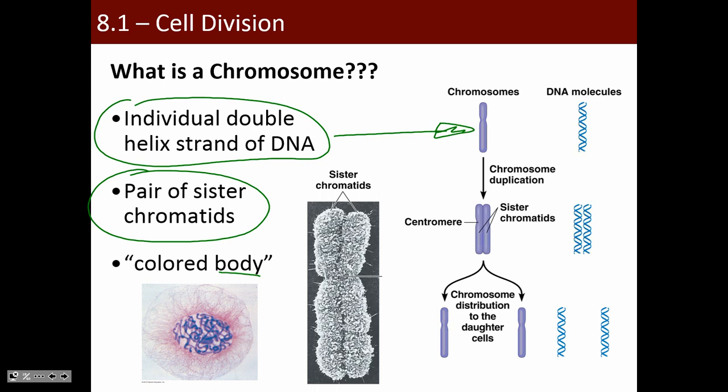There are a number of conditions where individuals can either have extra chromosomes or missing chromosomes. Generally, if you're missing one chromosome or more, you don't develop into a viable offspring. So an embryo that is missing chromosomes, if it's missing all but one of those chromosomes, it's probably not going to make it to birth. If it makes it to live birth, it's not going to live through its juvenile years, generally speaking.